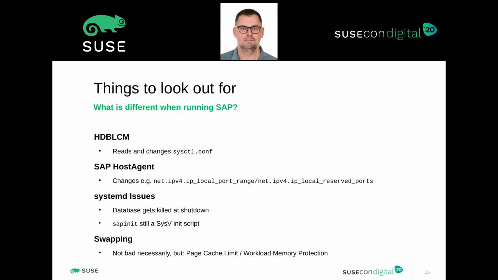The WMP basically works by putting all the SAP instance processes into a dedicated cgroup, and then we can set a cgroup parameter, in this case memory.low, which protects the memory from any kind of memory pressure outside that cgroup.